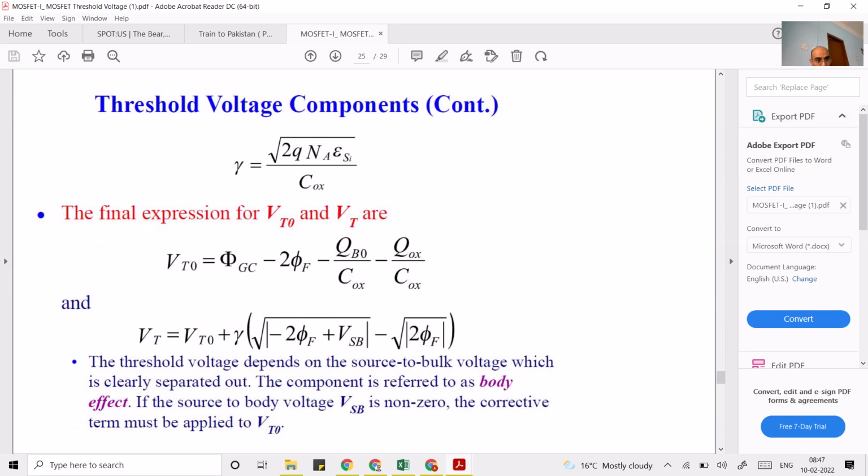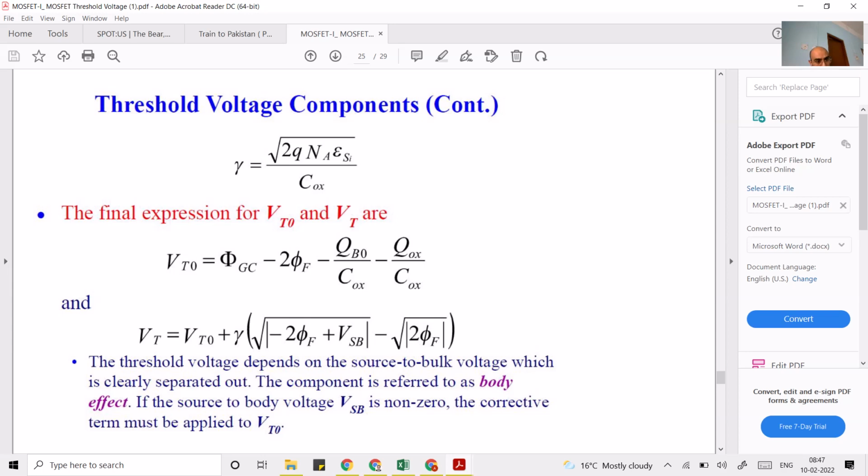If you want to find the body effect for a particular device, you have to calculate this. If you want to calculate the threshold voltage, you should know the threshold voltage when the body is grounded, and then you use this body effect component. This is a constant, because there is no variable; all the things are fixed for a device.